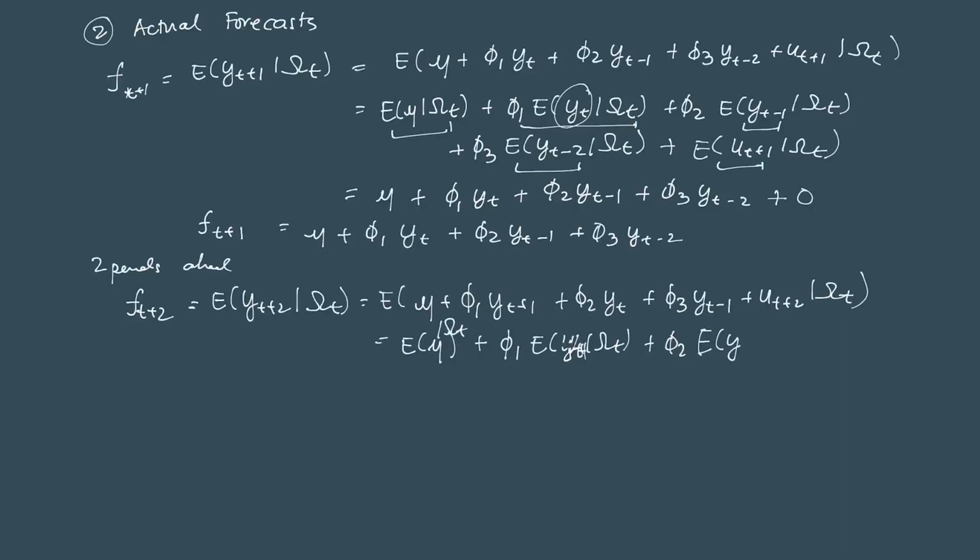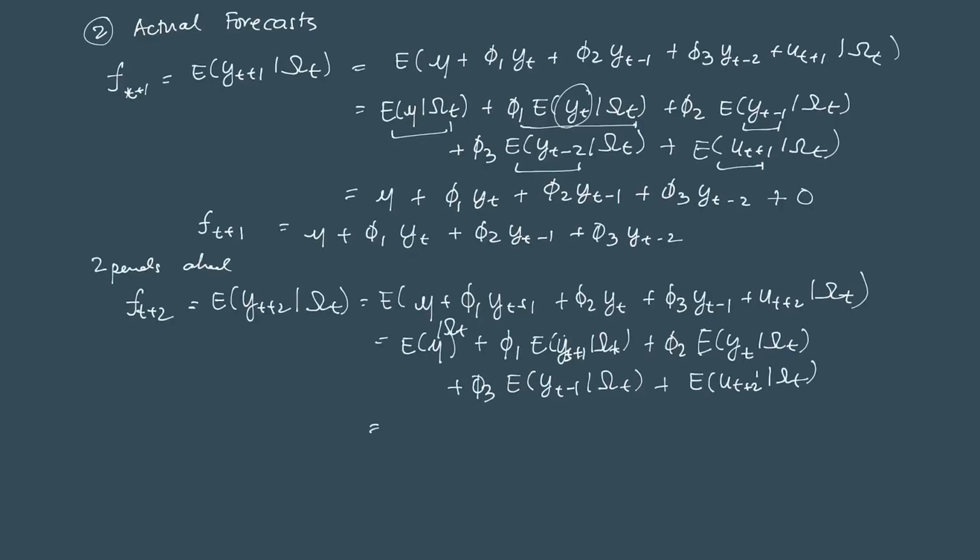Let me just erase, make it better. This is Y_{t+1} conditional on omega_t, plus phi2 expected value of Y_t conditional on omega_t, plus phi3 expected value of Y_{t-1} conditional on omega_t, plus expected value of U_{t+2} conditional on omega_t.